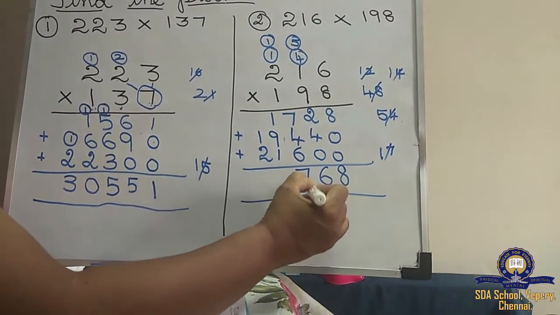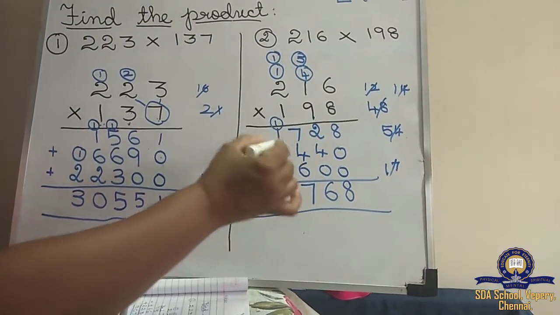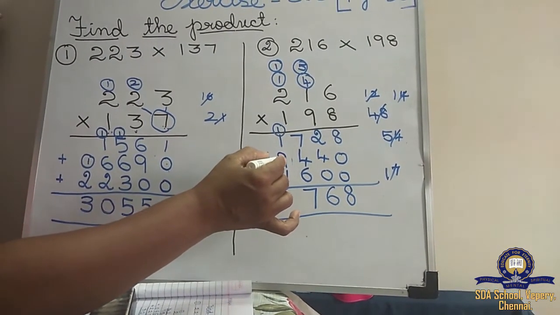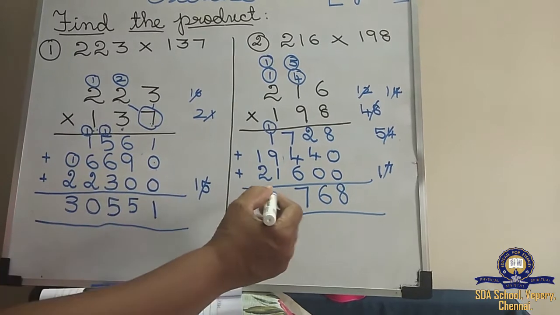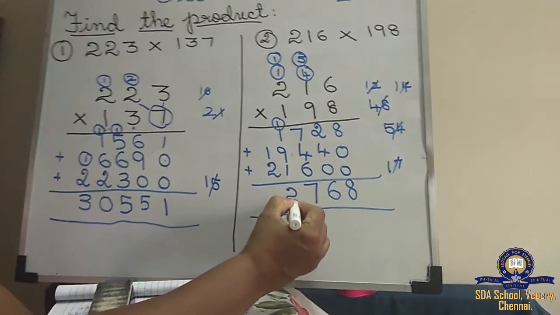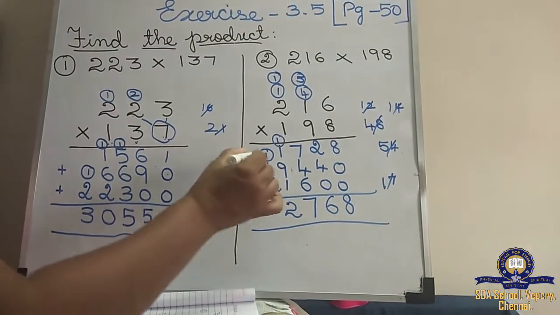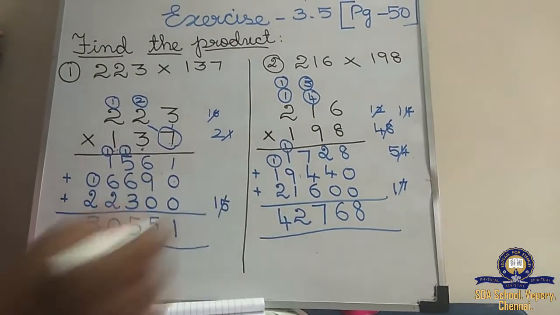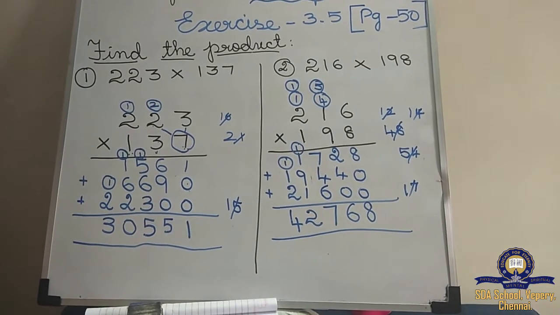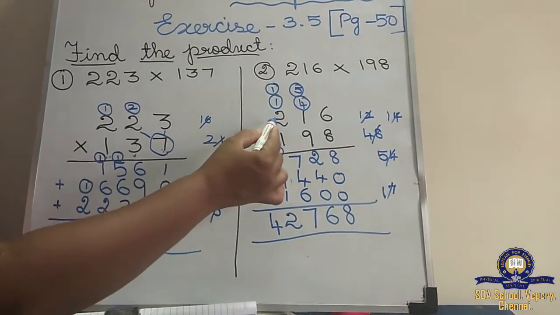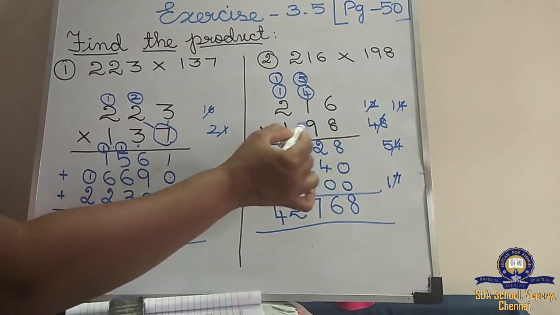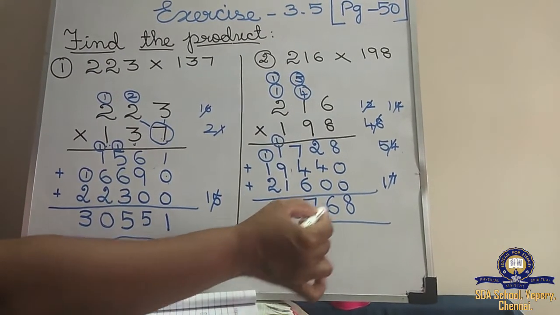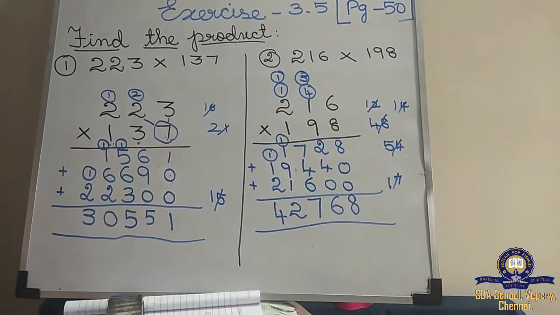So put 7 here and 1 here. 1 plus 1, 2. 2 plus 9, 11. 11 plus 1, 12. And bring 1 here. 1 plus 1, 2. 2 plus 2, 4. So what's the answer, children? 42,768. 216 multiplied by 198, what answer? 42,768. Are you thorough, children?